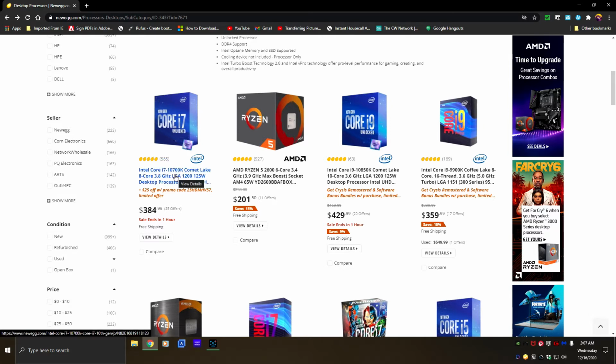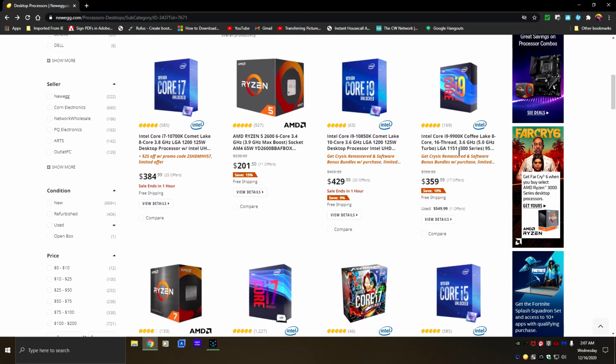But for reference, if someone didn't have this box and they were selling just the processor alone, without the box telling you what generation it is, and they had this description showing you that it's an Intel Core i7 10700K, just from this number right here, you can tell what generation it is. In this case, this is a 10th generation processor.